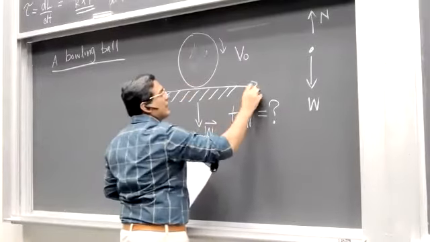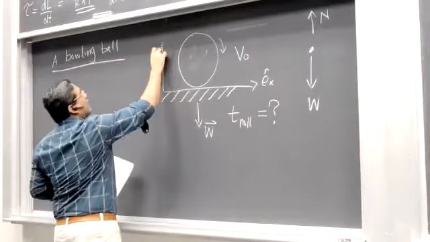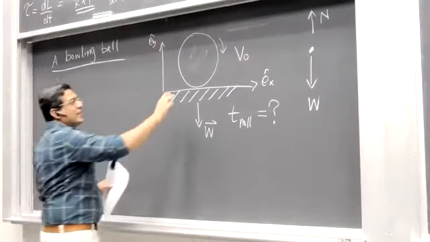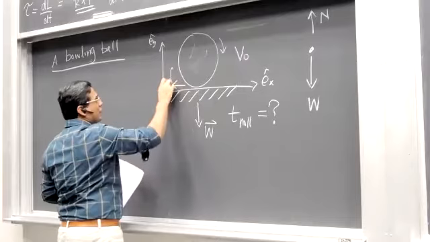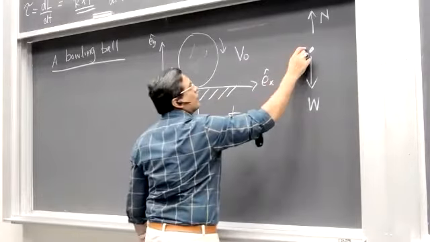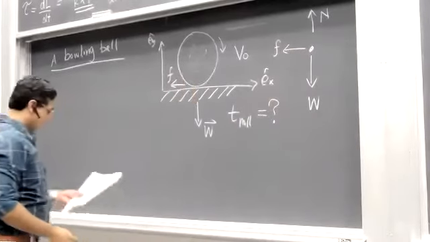Let's call this ex direction and this ey. Since it is skidding in this direction, there would be a force of friction in the opposite direction. So three forces in total. Anything else?